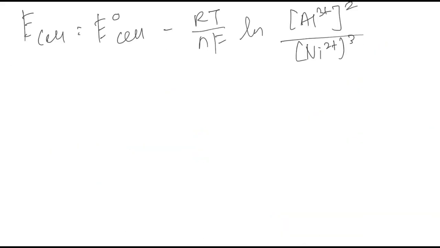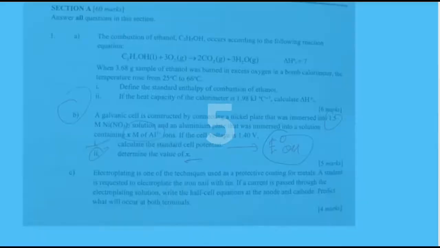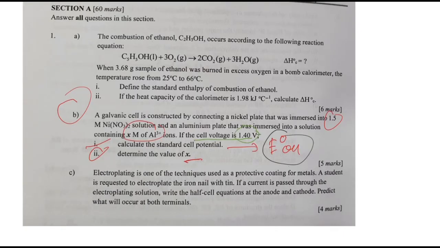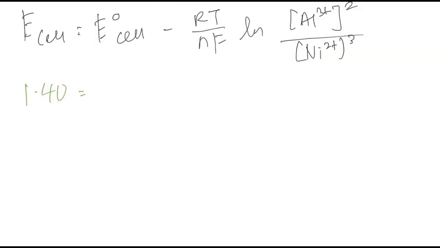E cell is given in the question: the cell voltage 1.40 refers to E cell. The concentration of nickel they give is 1.5. So substitute everything. E naught cell we calculated earlier as 1.40. R is 8.314. T is, what is the temperature the experiment was conducted at? They don't mention it over here, do they?